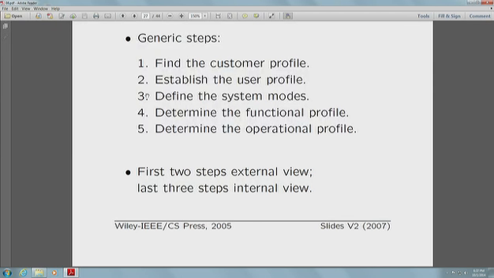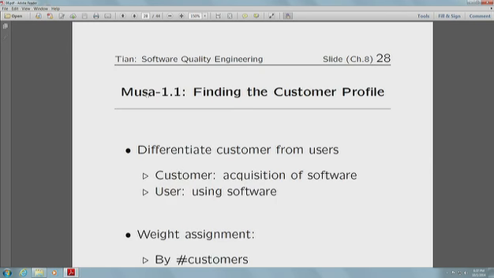Going into the functions and operations, you can think of them as still more or less a black box view, although with some internal testing focus. Okay, so let's look at each of these steps in a little more detail and trace through them with some examples.